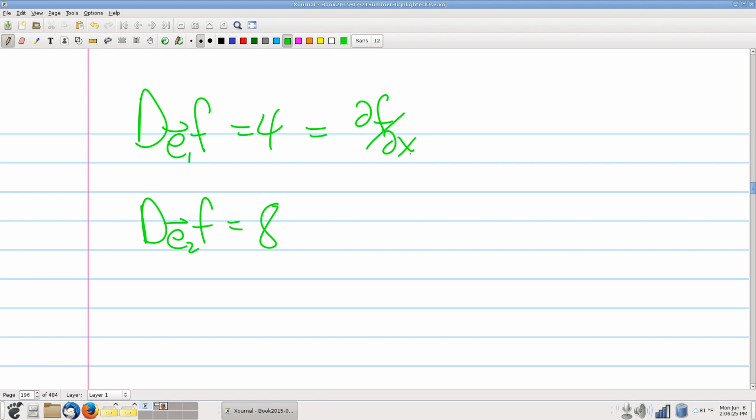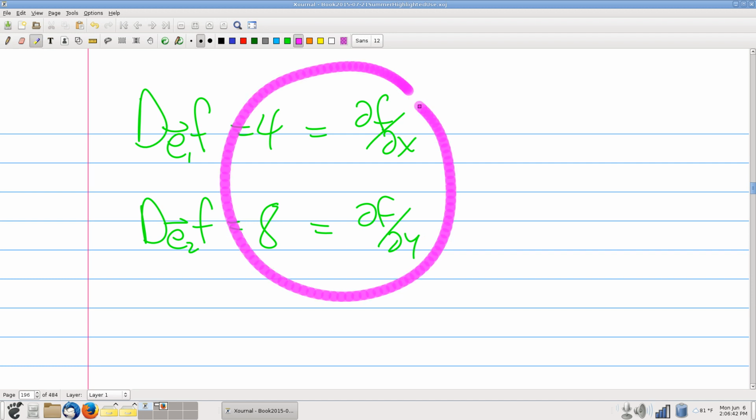Okay. And then likewise, the vector is a standard basis vector in the direction of the second input, so that is the partial of f with respect to y. So the problem wasn't phrased as here are the partial derivatives, but in fact that's what we were given, just interpreting appropriately.